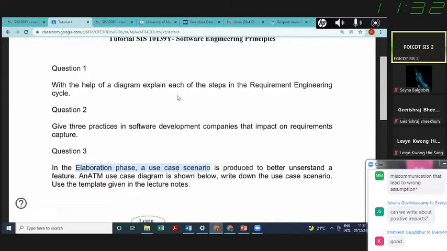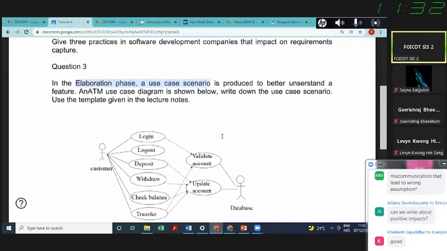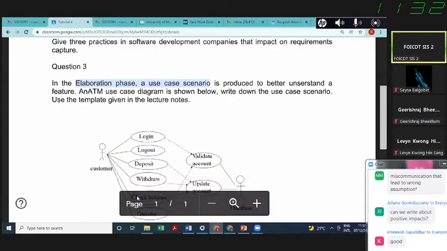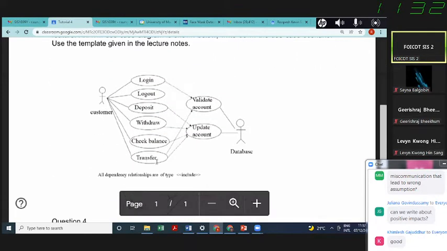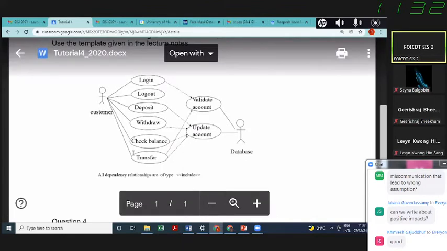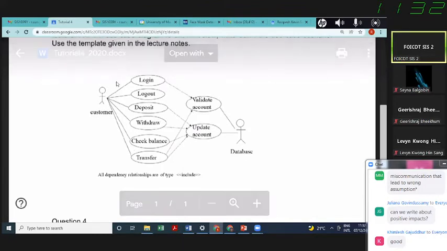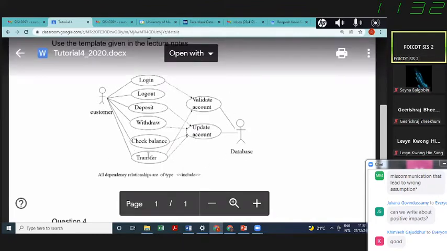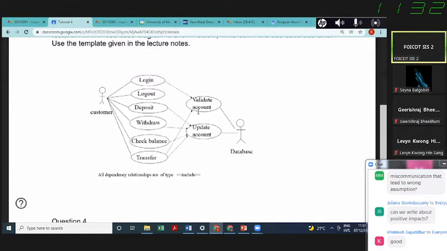The processors will be the verbs. For example, withdraw, check, deposit, transfer. If we have a look at English, these would be verbs, like update, validate. So these would be the processors, and you represent them via an ellipse.